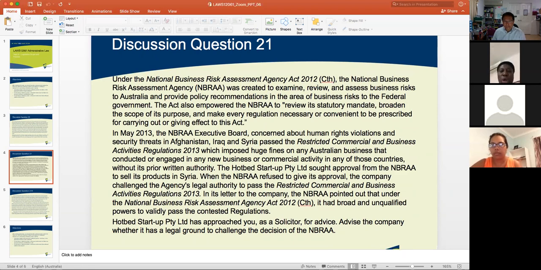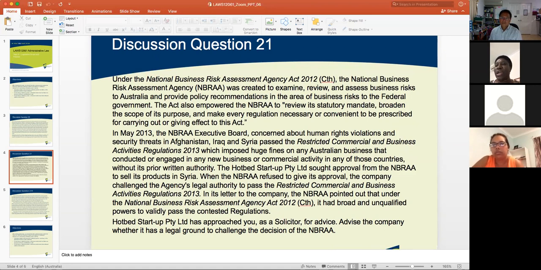Okay, so under discussion question 21, under the National Business Risk Assessment Agency Act 2012 (Cth), the National Business Risk Assessment Agency, NBRAA, was created to examine, review, and assess business risks to Australia and provide policy recommendations in the area of business risks to the federal government.